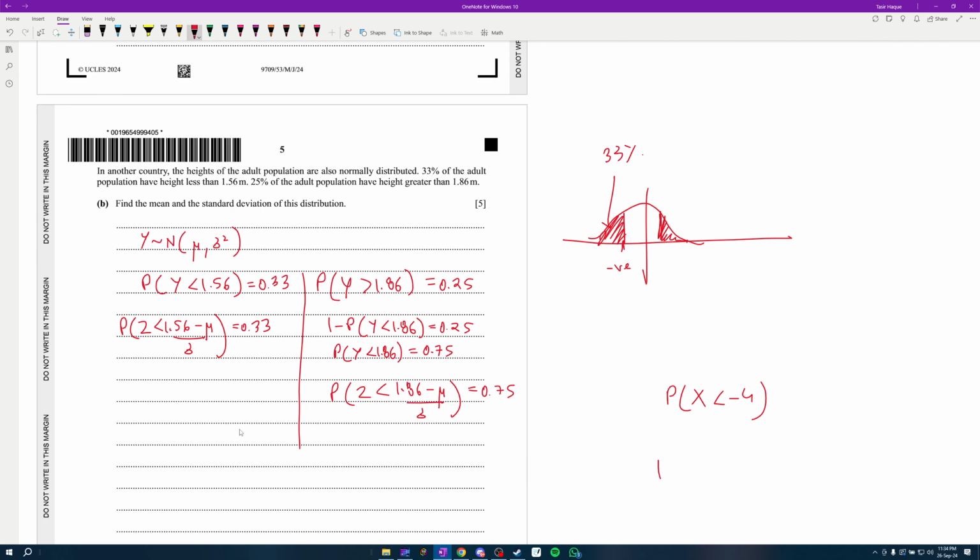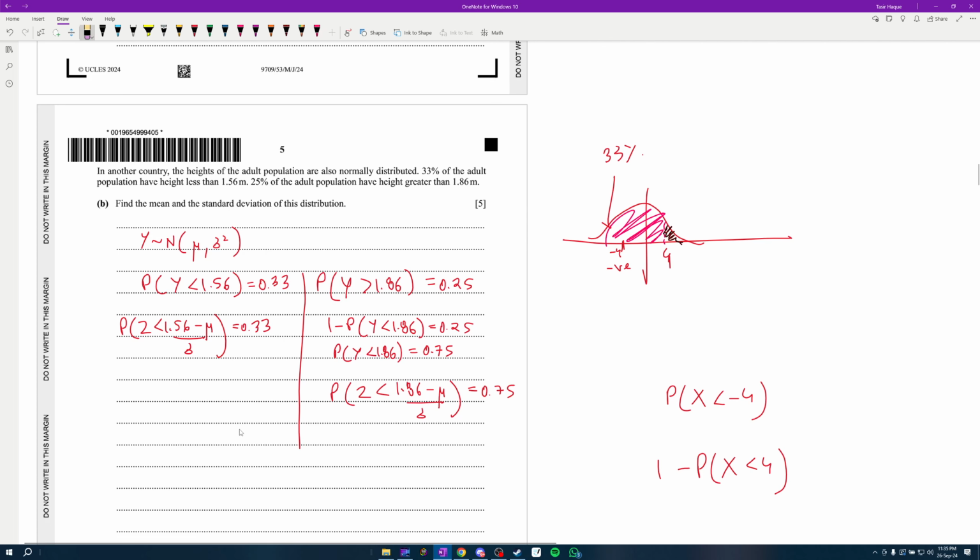So it's the same as 1 minus P(x is less than 4). Because if this was minus 4 and if this was plus 4, if you did the whole thing, which is 1, minus this section over here, less than 4, you would be getting this small portion.